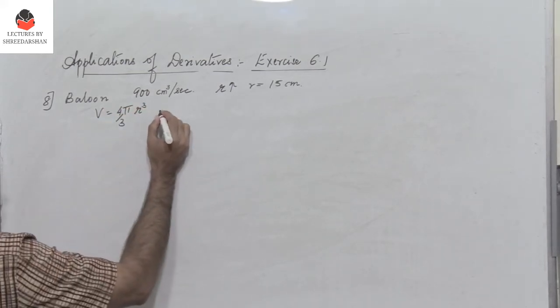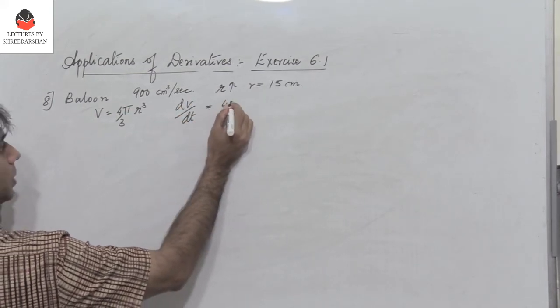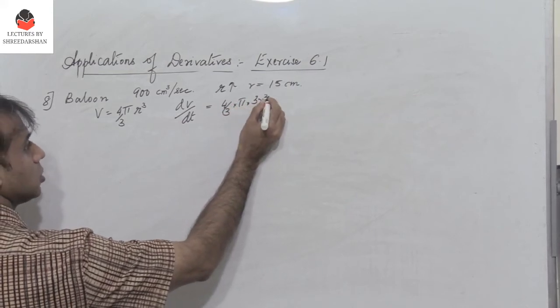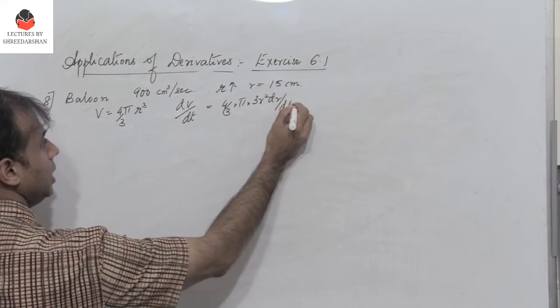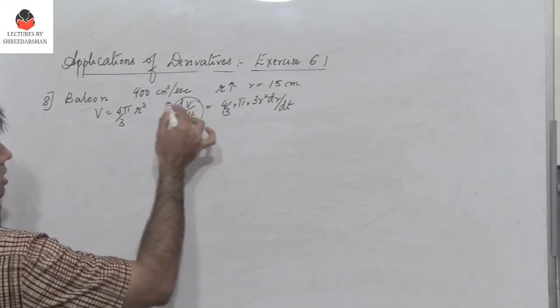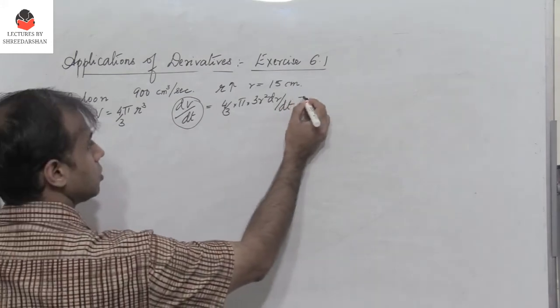If I differentiate this with respect to t, I get 4/3 times π times 3r squared dr/dt. Now what is being given here? It's been given that dV/dt is 900, which is the air being pumped into the balloon.